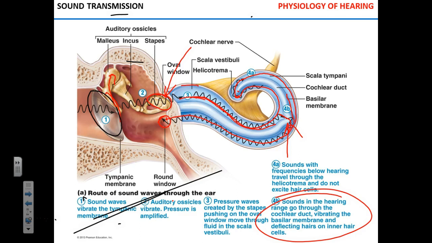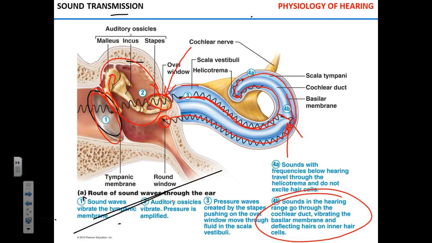So it starts with the auricle. Okay, can you see the auricle? Auricle focuses the sound into the external acoustic meatus. From external acoustic meatus, sound vibrates tympanic membrane. Tympanic membrane transmits the vibrations onto the auditory ossicles, malleus, incus, stapes.